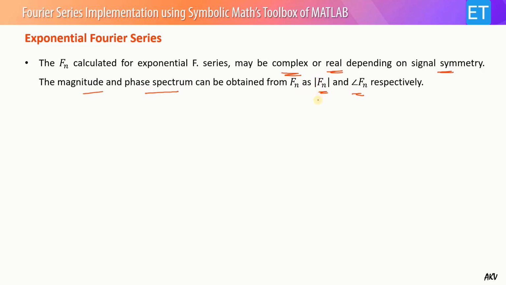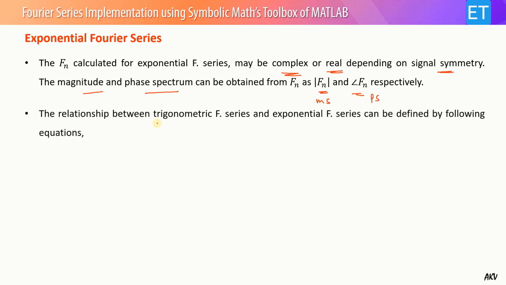Taking the modulus of fn will give you your magnitude spectrum, and then the angle of fn will give you the phase spectrum. This magnitude spectrum and phase spectrum are similar to the Fourier transform. Whatever shape we get from the Fourier transform, the same shape we get from this magnitude spectrum. So we can say that the exponential Fourier series is actually the base for your Fourier transform.